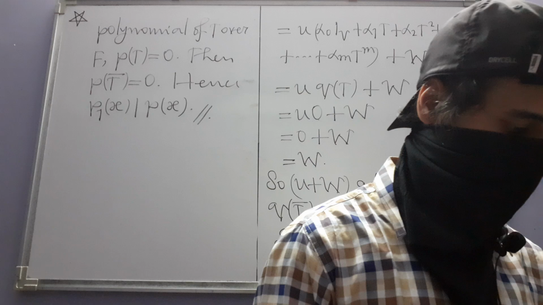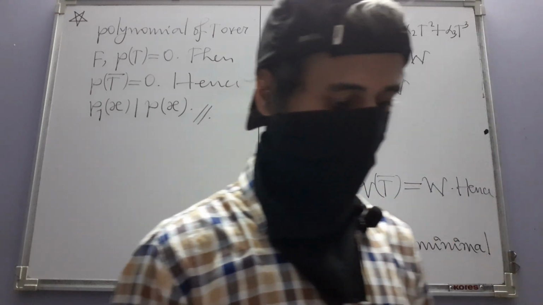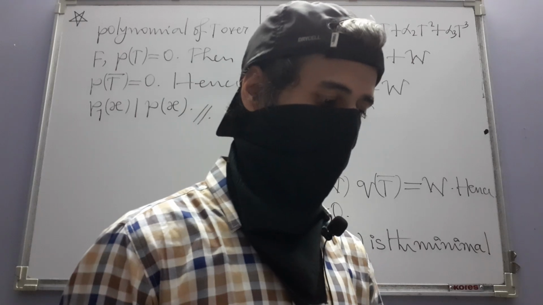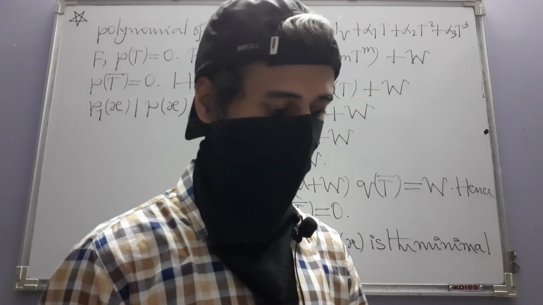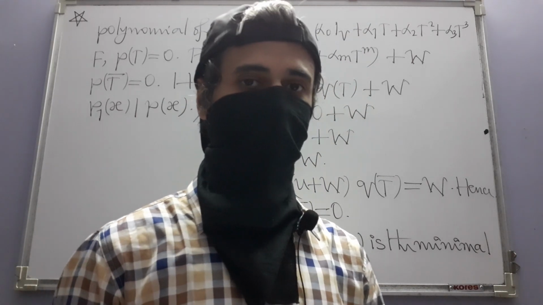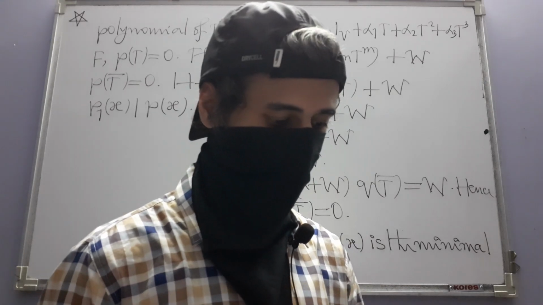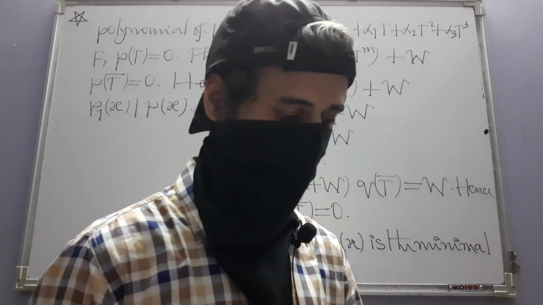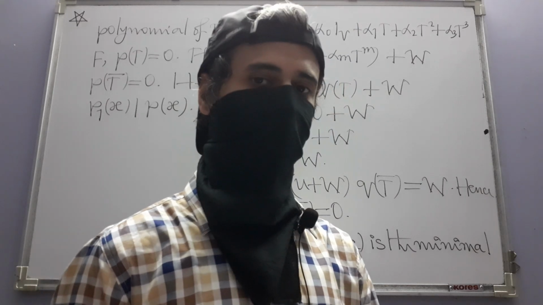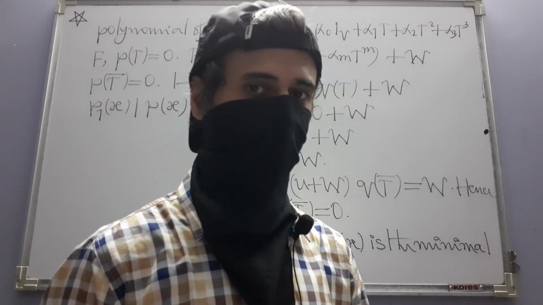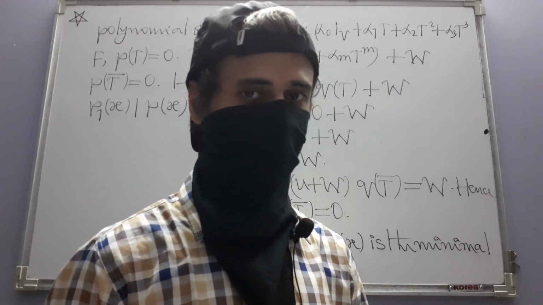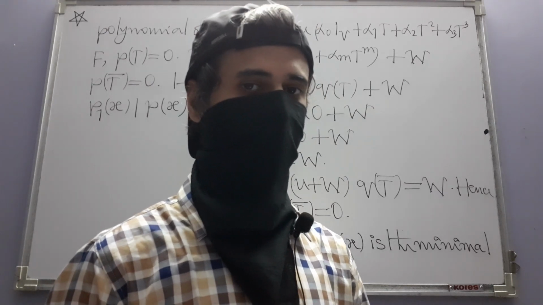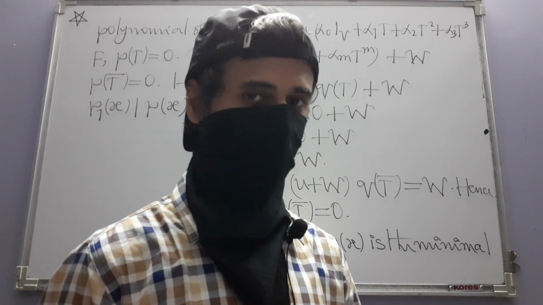We are going to see this result, which states that if T is a linear operator on V and all the characteristic roots of T are in the underlying field F, then there exists a basis for V in which the matrix of T is triangular, and that's how we get our triangular form.